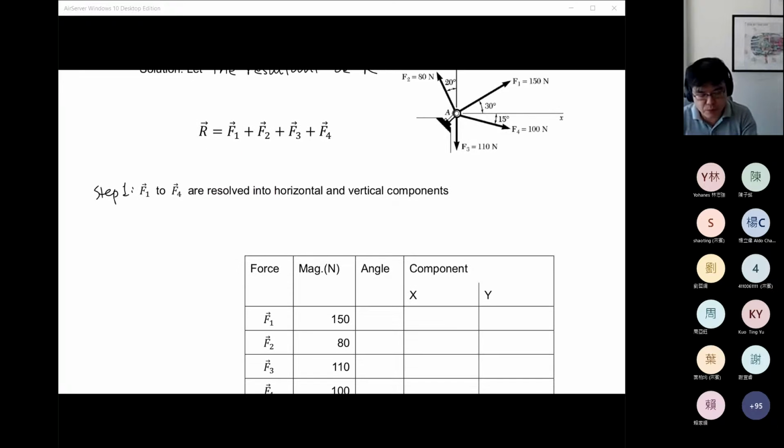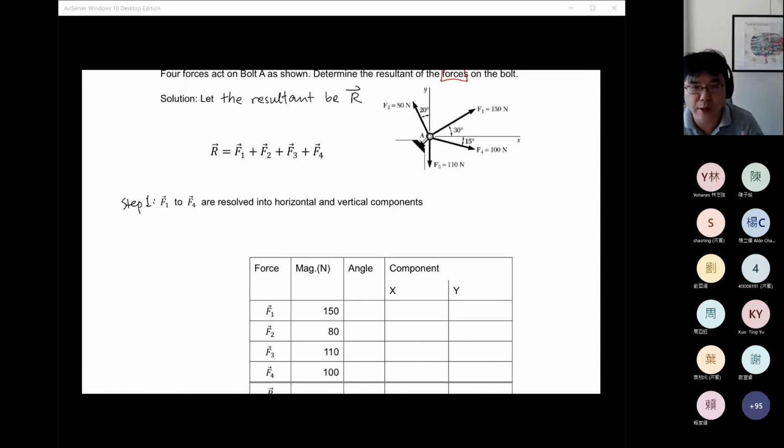So if we are okay with understanding the question, and we understand how we should do it, we fill in the table now. Now we have F1 to F4 listed in a table.